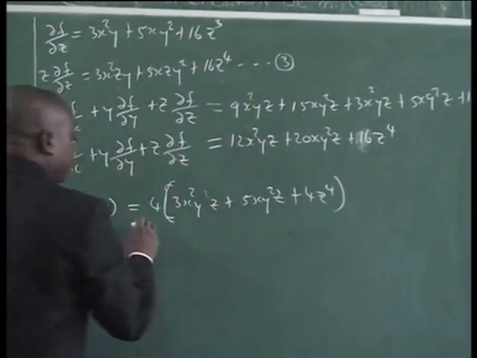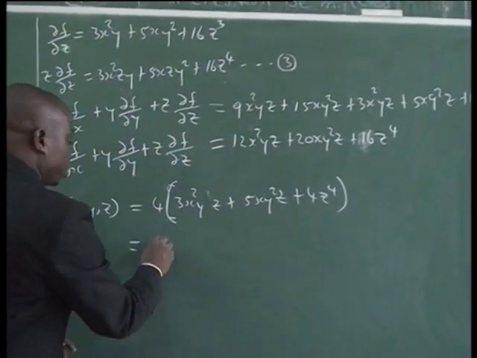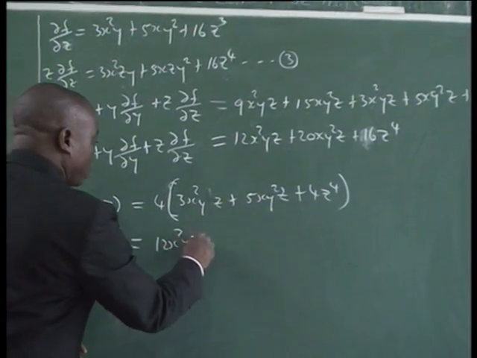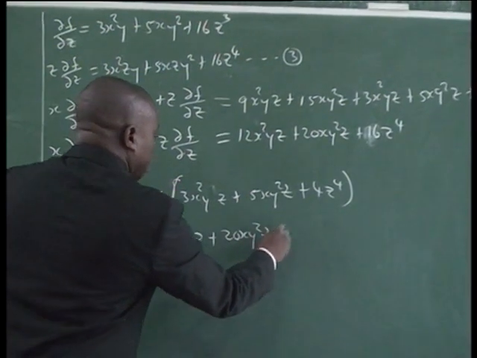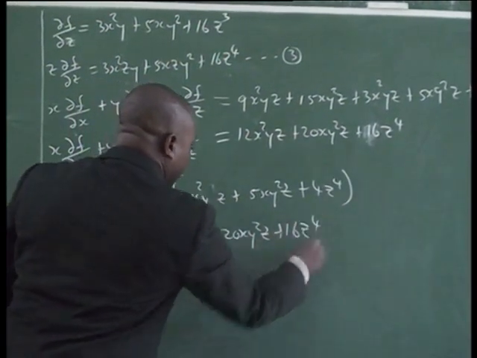Now this times this will give me 12x squared yz. Then I will have 20x y squared z. Then I will have plus 16 z raised to the power 4.